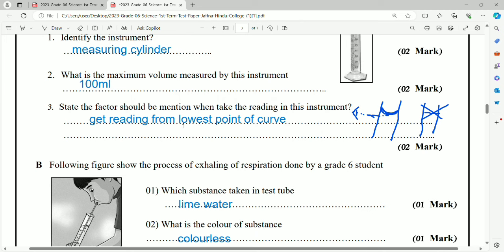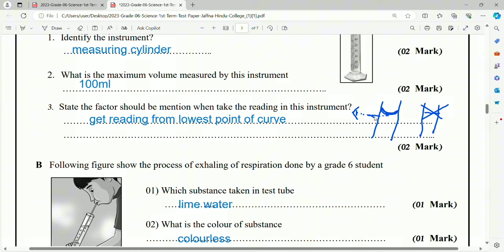State the factor that should be considered when taking the reading in this figure. When we take the liquid in the measuring cylinder, it will not be flat. It always looks curved.